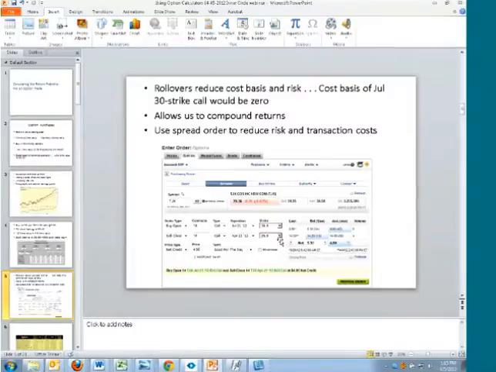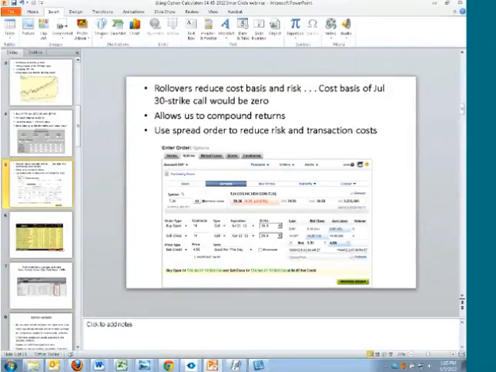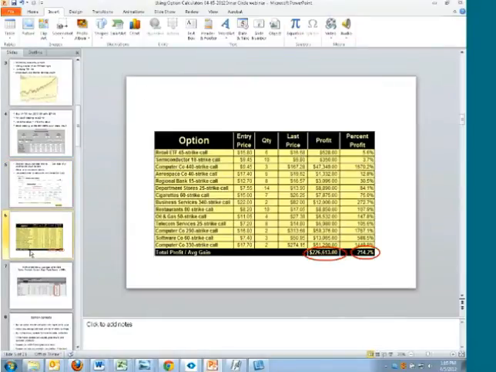And I like to use option spread orders to roll over options, and so this has been working well with us. We've been able to roll over a lot of our current options, and again, by rolling it over, we reduce the cost basis going forward, reduce our risk, and increase our return potential.